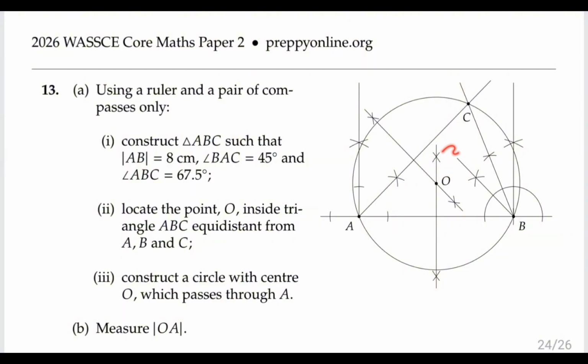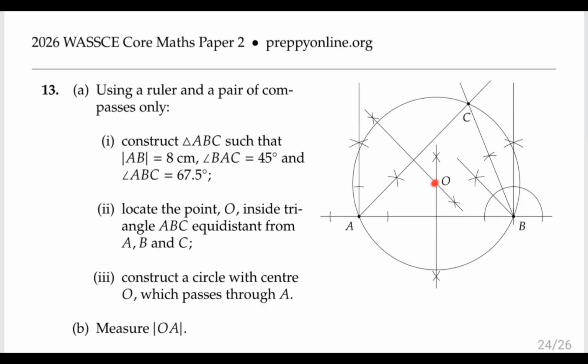The intersection of the two lines must be equidistant from all the 3 points A, B, and C. The reason is that every point on this line is equidistant from A and B, and every point on this line is equidistant from A and C. So if these two lines are meeting at a point, then that point must be equidistant from A and B. It must also be equidistant from A and C. That means it's equidistant from A, B, and C. And that is what question II is asking us to do.